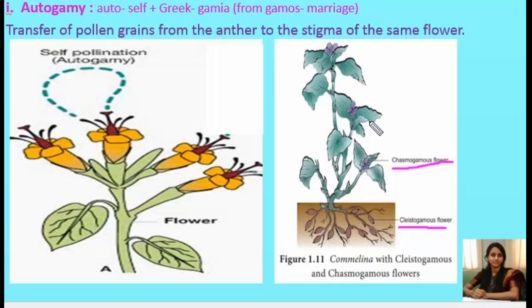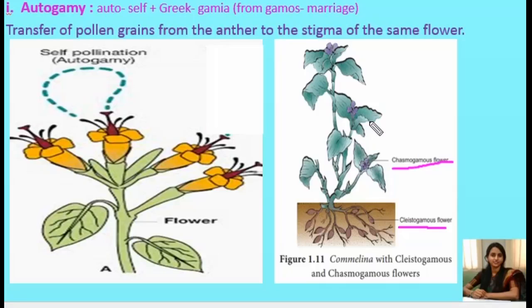Why is there no chance for cross pollination in cleistogamous flowers? Because they do not open at all. The flower will remain as if it is a bud. Hence the stamen and stigma are not exposed. Is it clear? Hence in cleistogamous flowers, 100% self-pollination takes place.